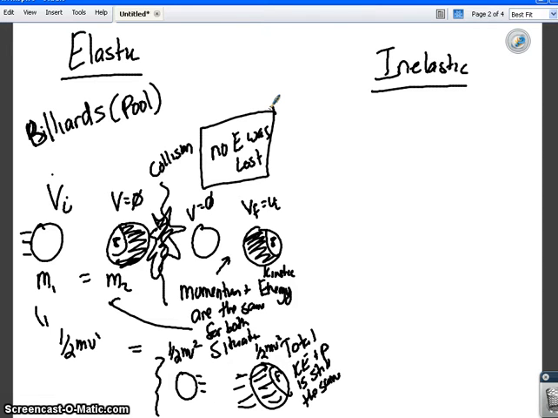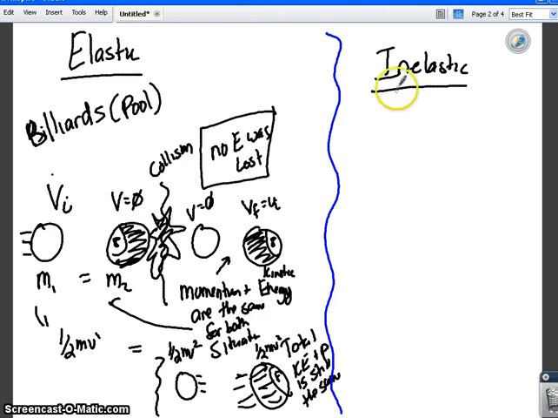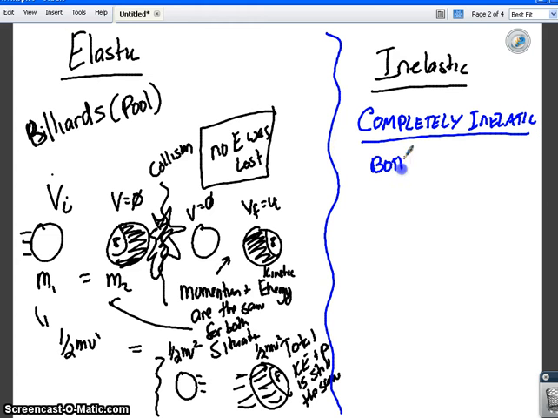All momentum was converted. In an inelastic, and I'm going to make this completely inelastic, in a completely inelastic situation, both objects stick to each other.